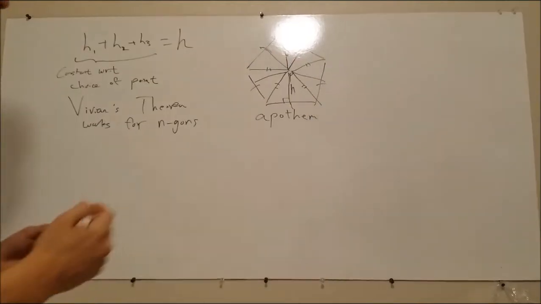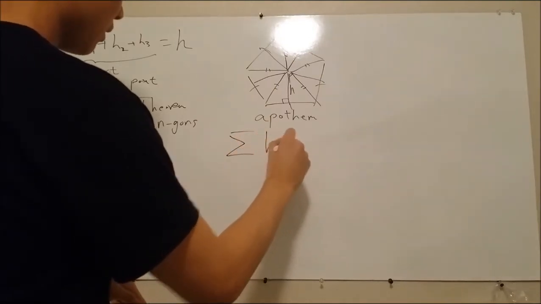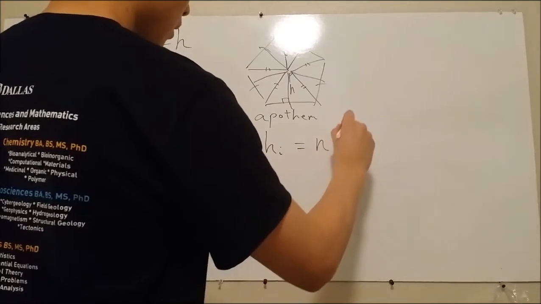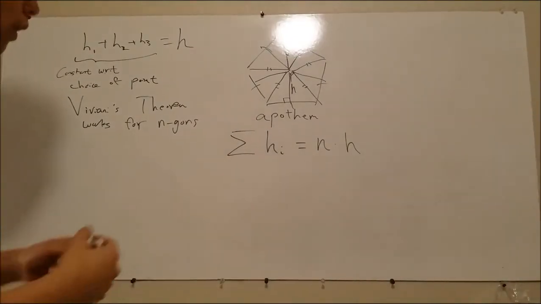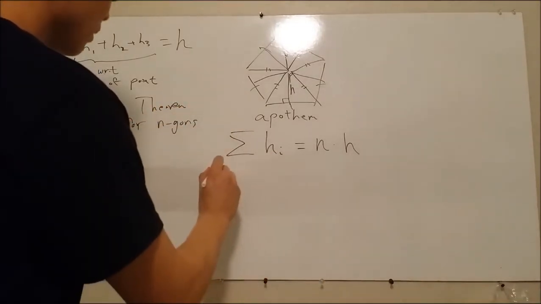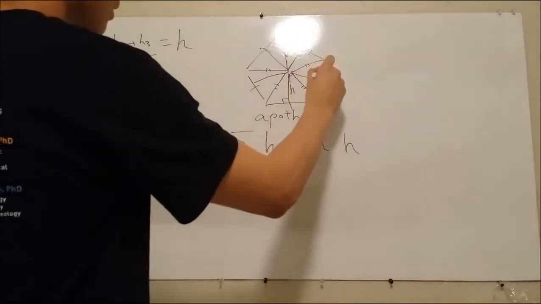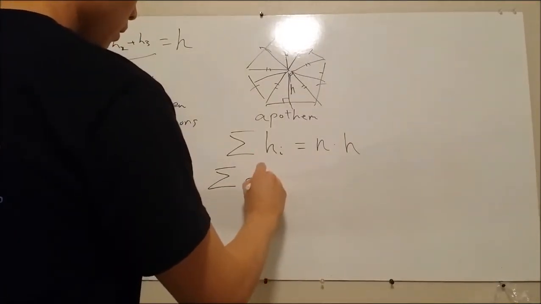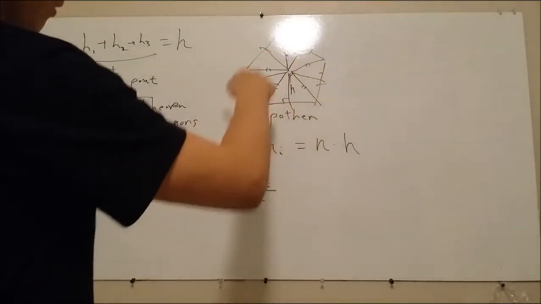It turns out that this value, the sum of the heights, I'll denote it like that, is simply equal to n times the apothem. And this comes easily because we do the same exact thing. We add up the areas of the triangles. Let's denote side length s. And since we know it's an equilateral pentagon, we say the sum of s h_i over 2, where we're summing over all of the 5 triangles.